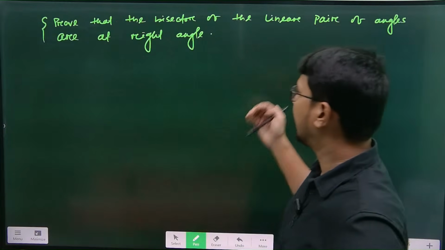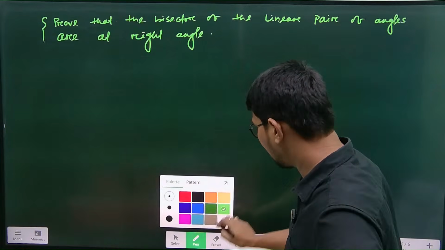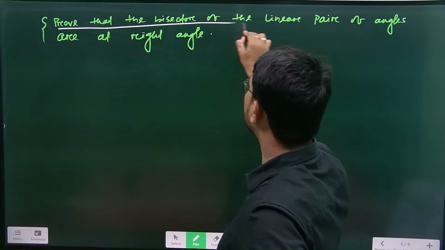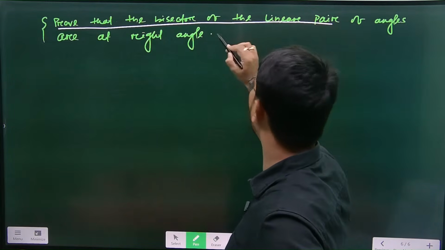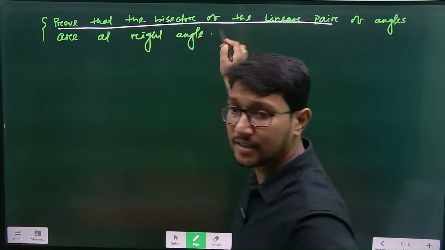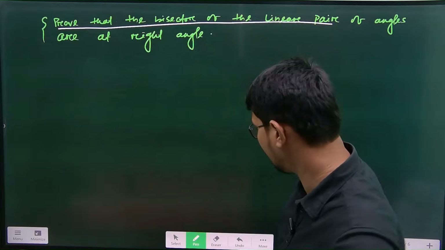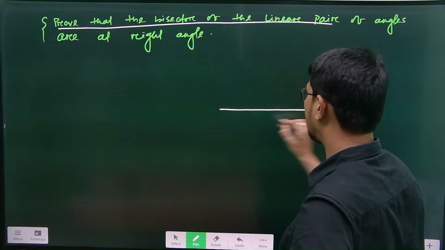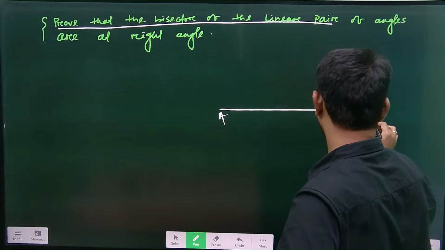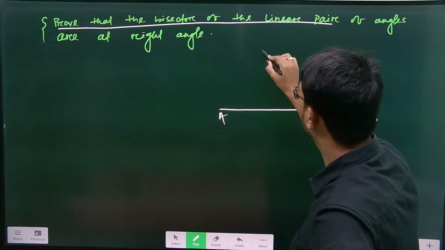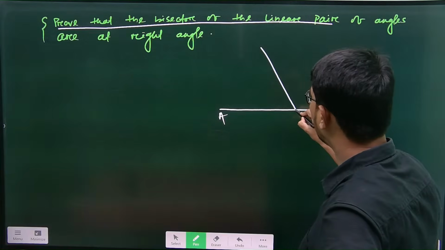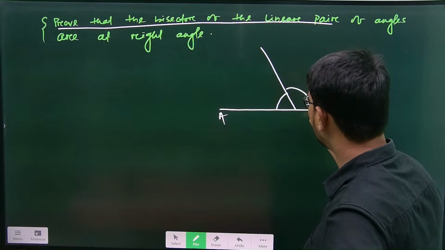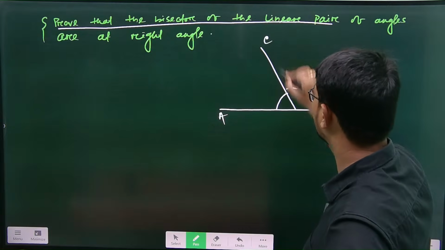Now I'll solve. The question is saying, check: prove that the bisector of the linear pair of angles. Whose bisector? Of the linear pair of angles. Now tell me, if this is a line AB, are these two angles a linear pair or not?